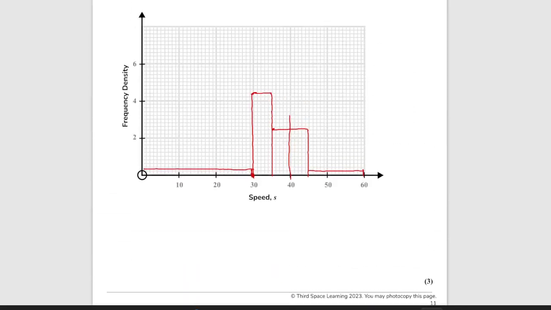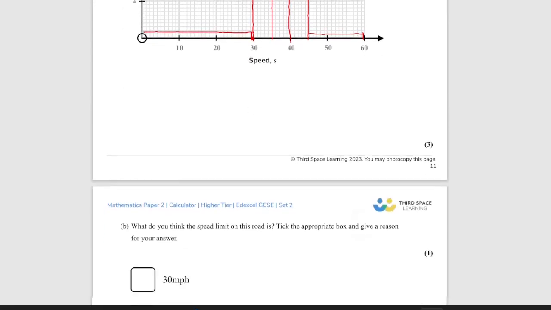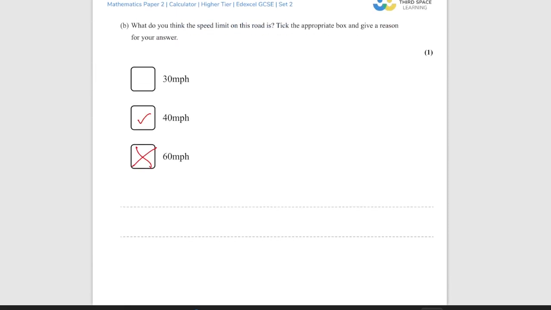So we've got very few under 30, a large section between 30 and 40, not many over 40. So I'm going to go 40. My reason is most cars are under 40.